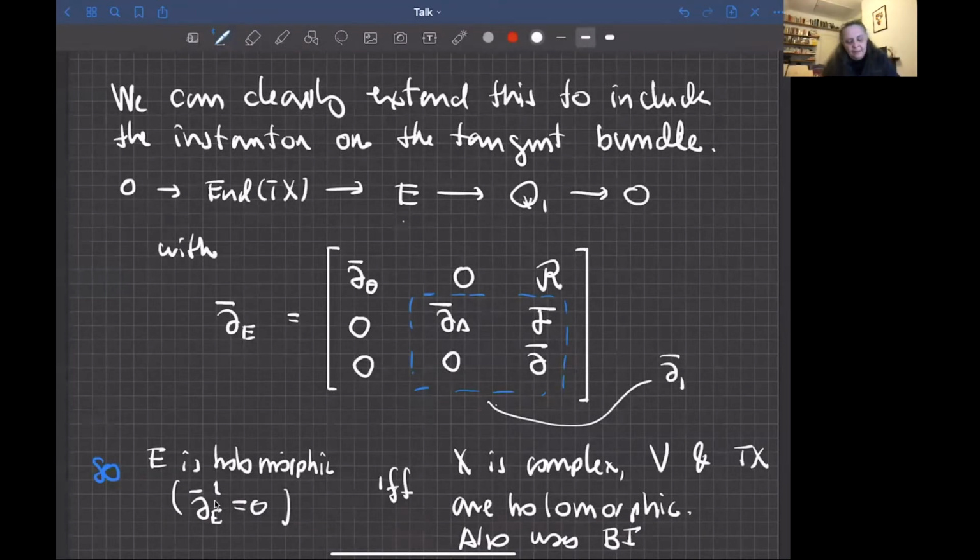And these are the Atiyah class corresponding to the connection on the tangent bundle.